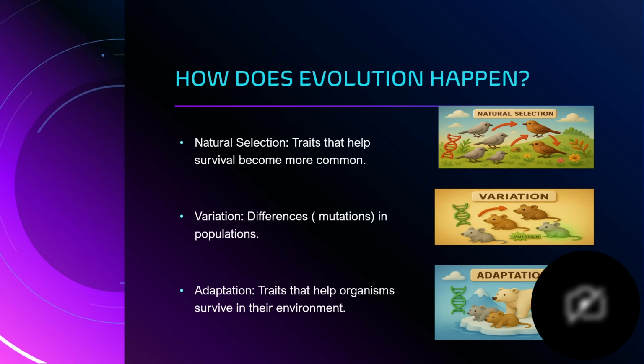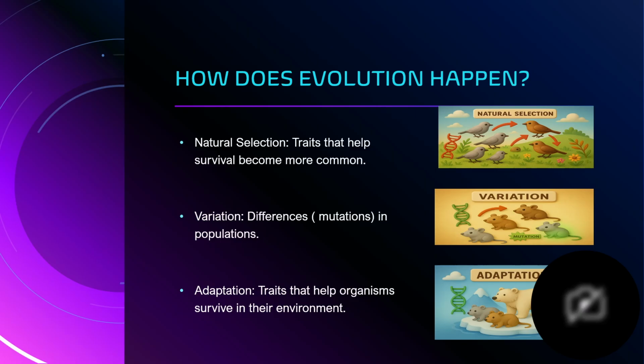You will be asked in any assessment how evolution happens, and how the change and diversity happen. We have natural selection, variation, and adaptation. Those are the three things we are going to see. Natural selection: the traits that help survival become more common.